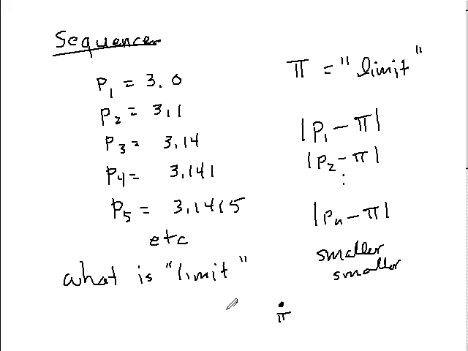So what you have is, if this is the number pi, this sequence of numbers actually comes up from below, P1, then to P2, P3, etc. We could also have a sequence of numbers that come down from the top.